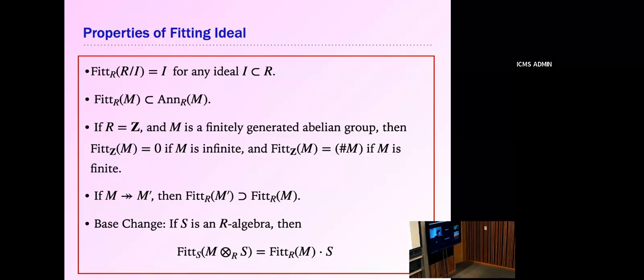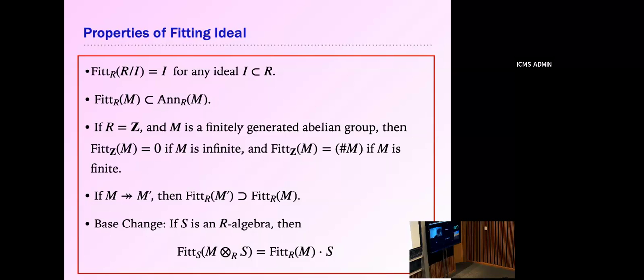But how should you think about Fitting ideals in comparison to annihilators? I think a really good example is the case of finitely generated Z-modules. Let's say I have a finitely generated Z-module. Then you can show that if the Z-module is infinite, the Fitting ideal is 0. Well, let's look at the finite case. That's interesting. So we have a finite abelian group. What's the annihilator?